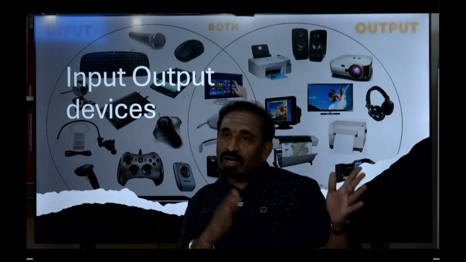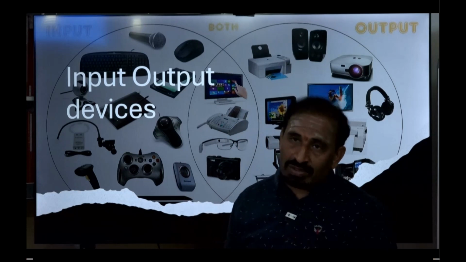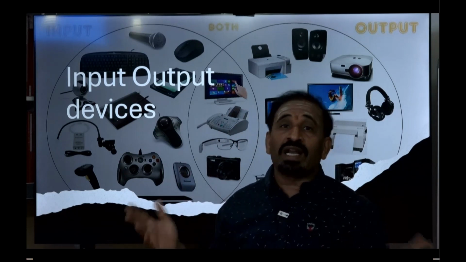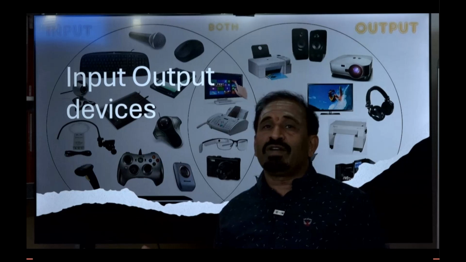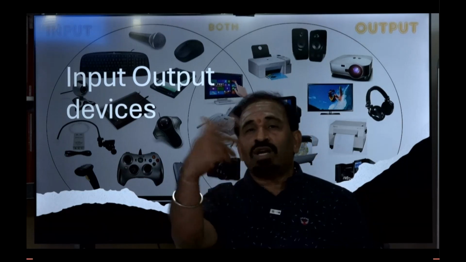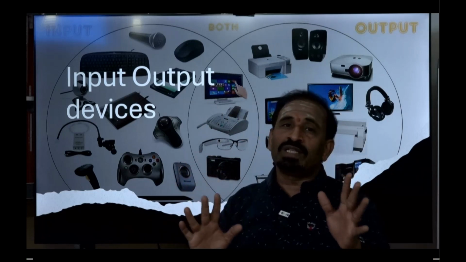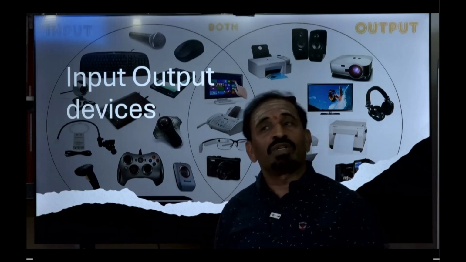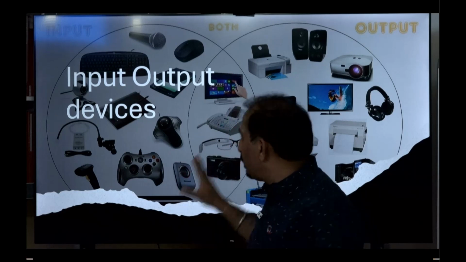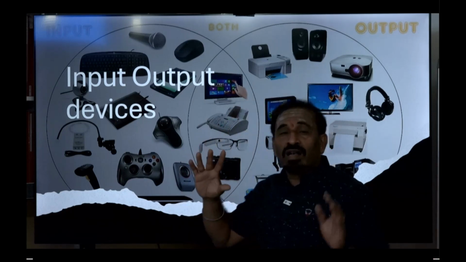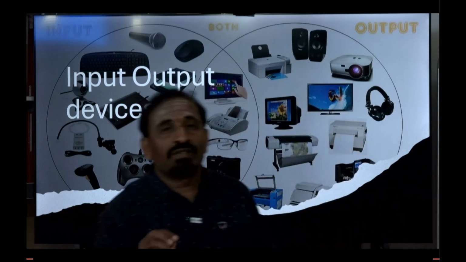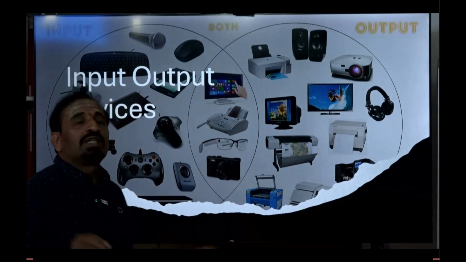Like this, not all the devices we are now studying are connected all the time; it depends on the requirement. Once this video lecture is over, I disconnect this camera. It won't be there as a permanent connection. Whereas keyboard, mouse and monitors are always the regular I/O devices which you will be using in daily life.